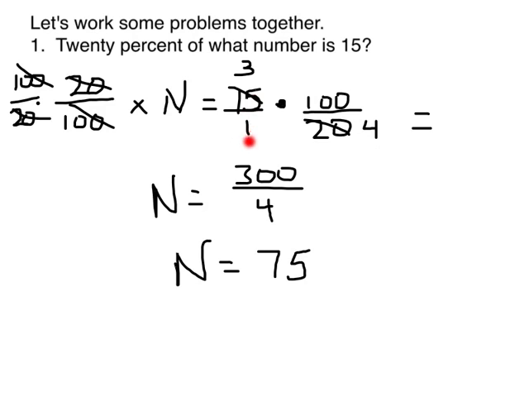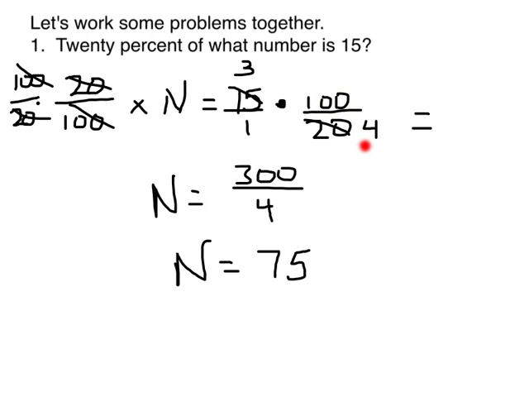I can make that 15 into a fraction by putting a 1 underneath it. Then I can cross cancel. These all cross cancel each other out, which is what I wanted, leaving n by itself. But here 15 and 20 both share a common factor of 5, and 5 will go into 20 4 times, and it will go into 15 3 times.